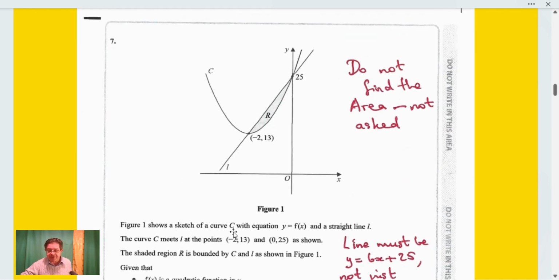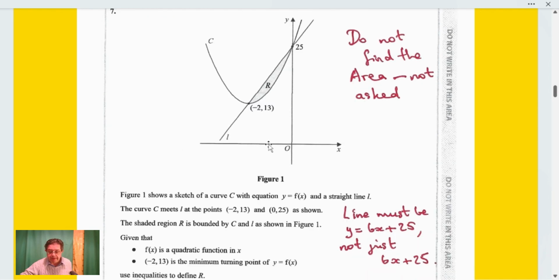Figure 1 shows the sketch of a curve C with equation y equals f(x) and a straight line L. The curve C meets L at 2 points, (minus 2, 13) and (0, 25), and we have a shaded region R in between, which is bounded by the line and the curve.